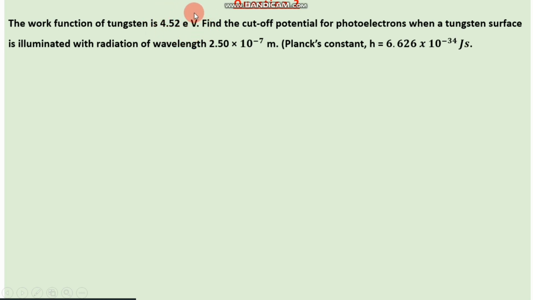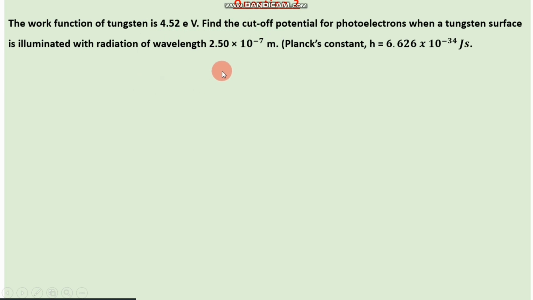And we said that in some situations there can be a supply of energy that is in excess. For instance, we are given this tungsten material illuminated with a wavelength of 2.5. We are not told if this wavelength is the cutoff wavelength, but possibly it is a wavelength that will produce higher energy than the cutoff energy.